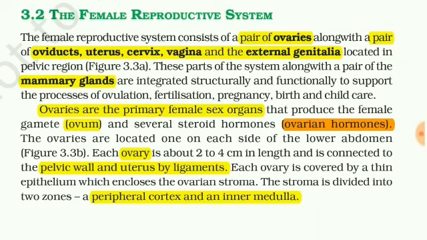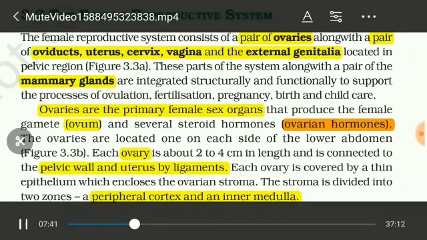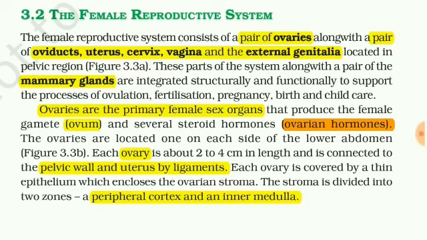Ligament is nothing but, as you already learned in 11th standard, a type of connective tissue which connects the uterus to the pelvic wall. Each ovary contains stroma inside it. The stroma is divided into two zones.